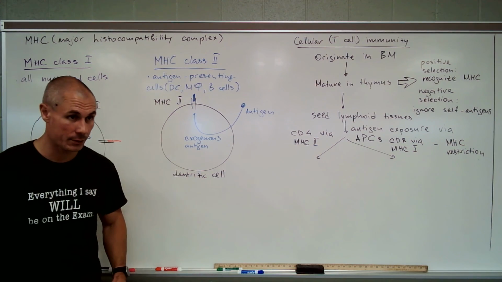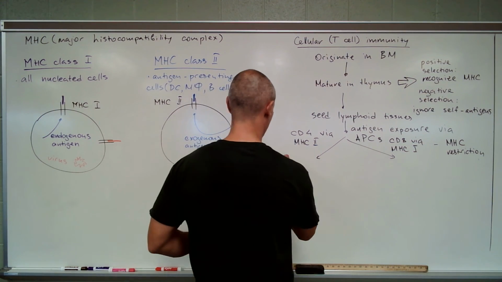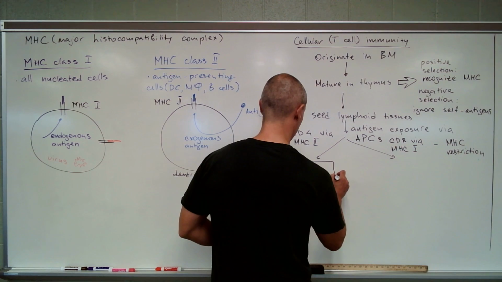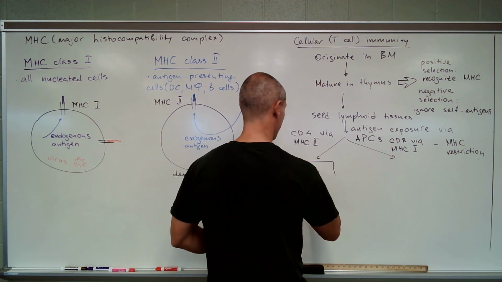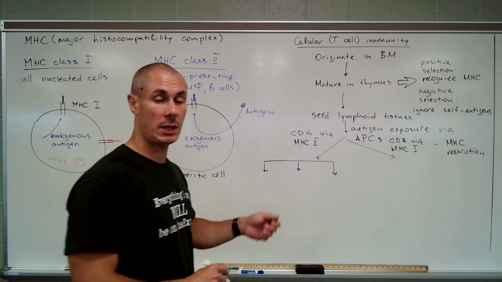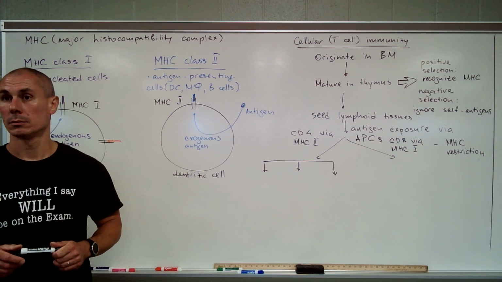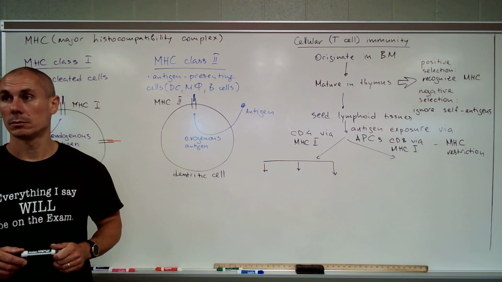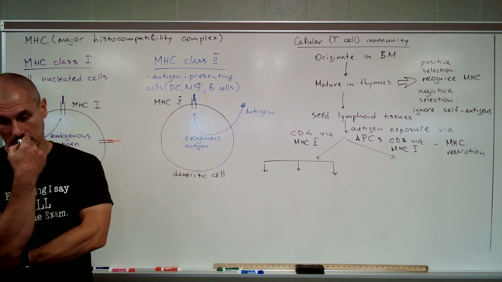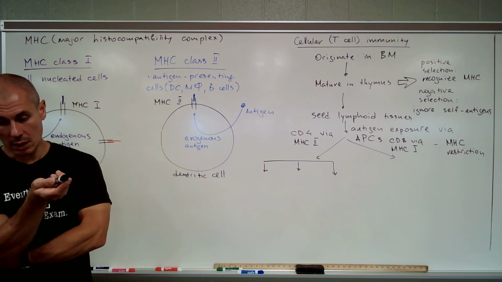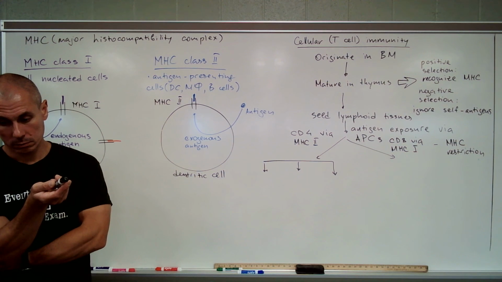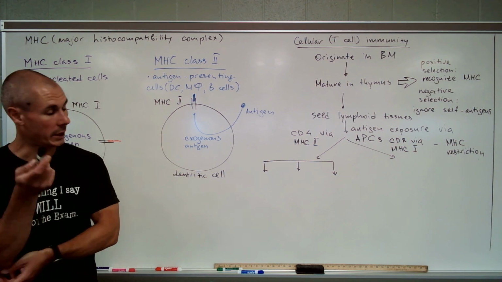Does that make sense? And that results in the generation of a variety of what are called effector cells. So for CD4, T helper, yeah, whatever.